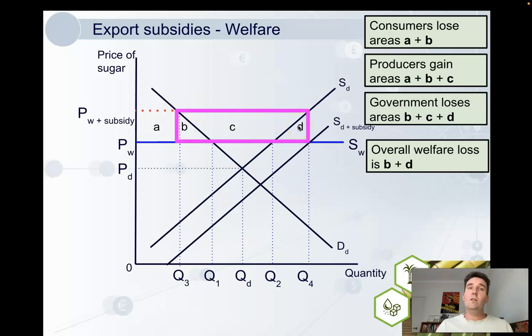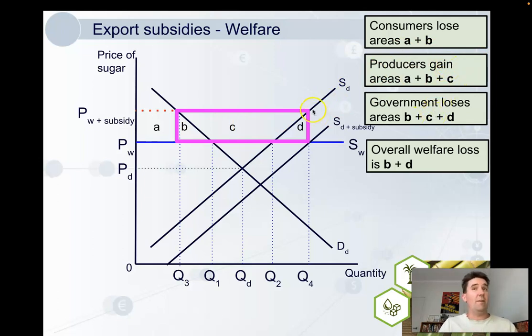To work out the welfare loss, we consider that A is gained by producers and is lost by consumers, right? If you look back, you'll see that. So that cancels out. So that's not welfare loss. Same with area C, gained by producers and it's lost by the government.